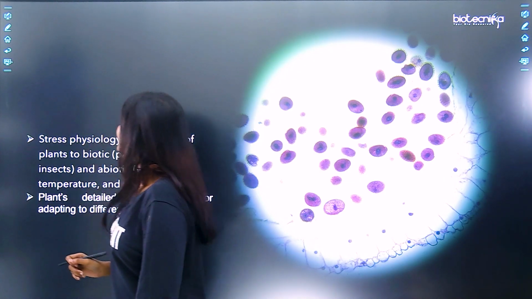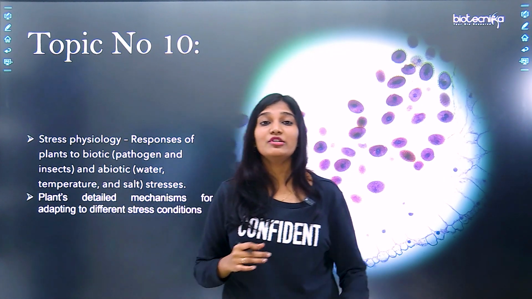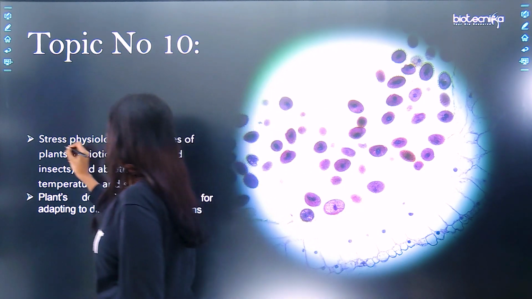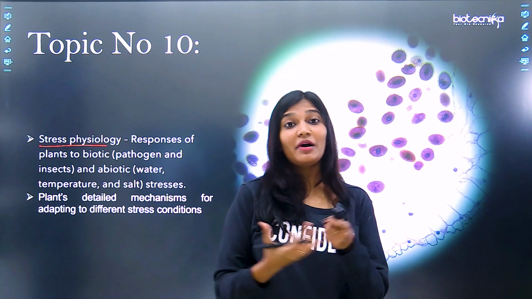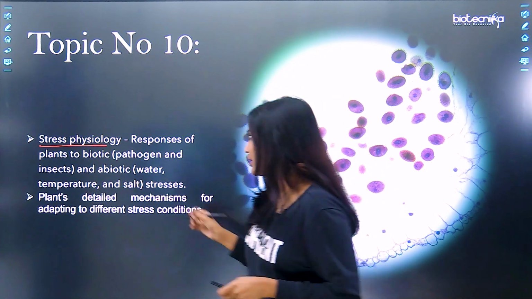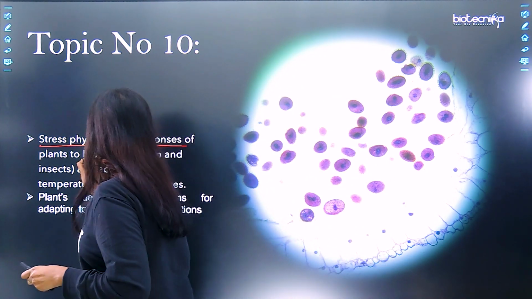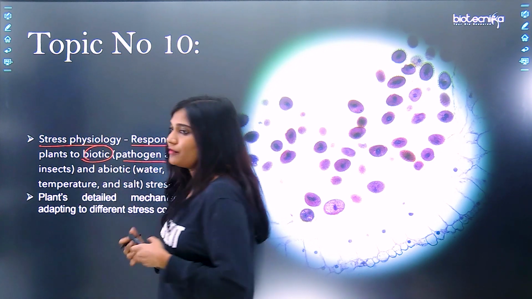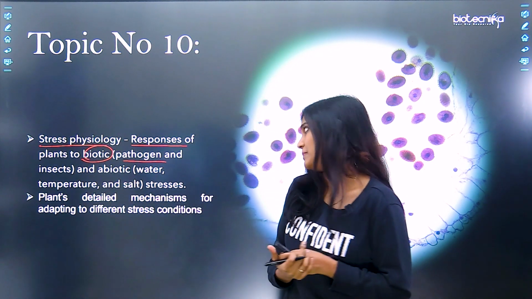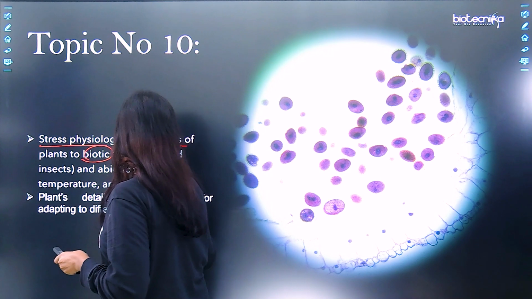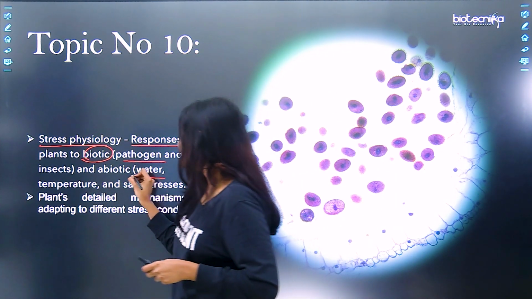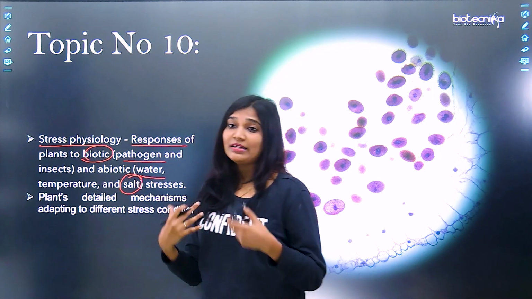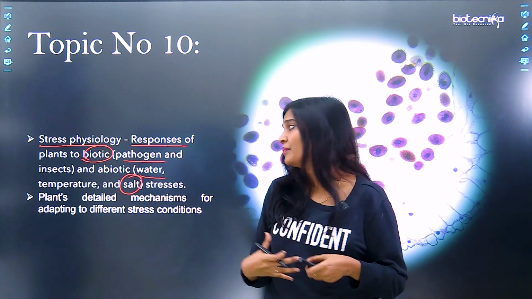The next one is the final one, topic number 10, stress physiology. You have to remember how the plant is going to respond to biotic and abiotic factors. So responses of plants to biotic factors, like what will happen if a pathogen comes and infects a plant, and then what happens if water increases or decreases, or the temperature increases or decreases, or if the saline condition increases or decreases, how the plant is going to face the stress.